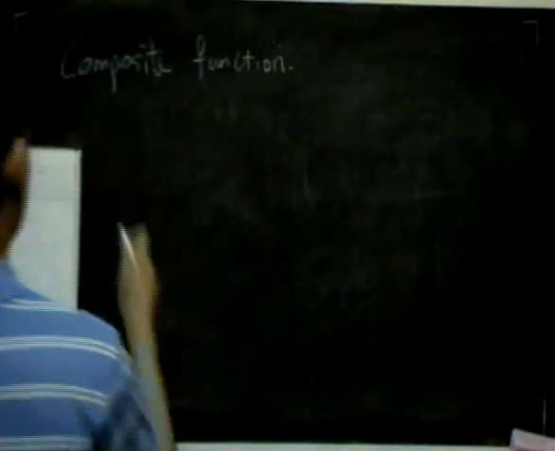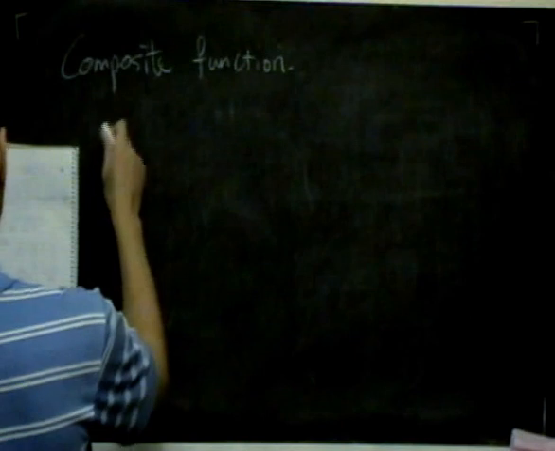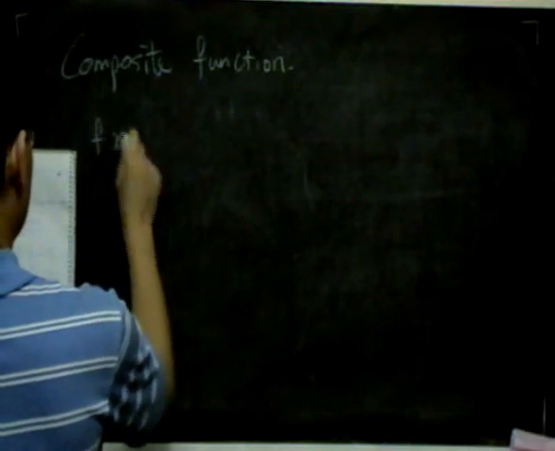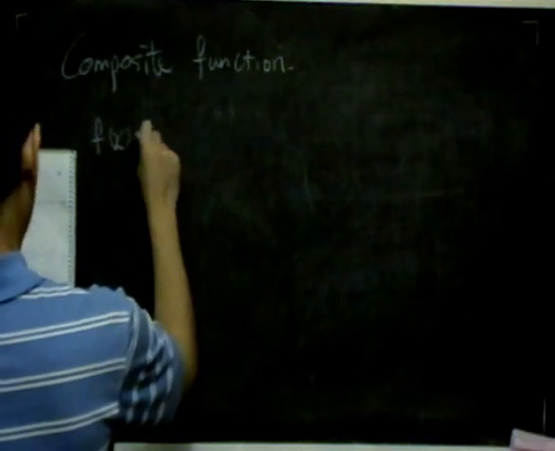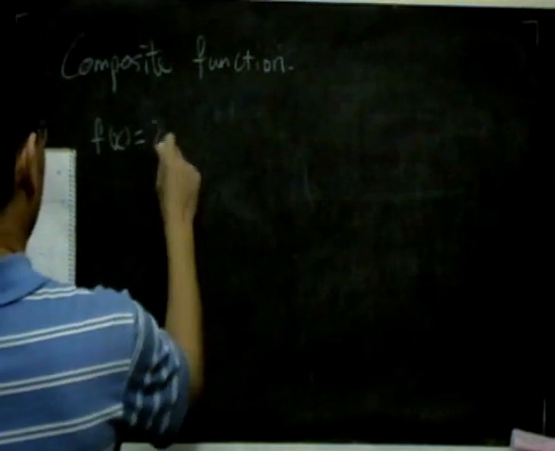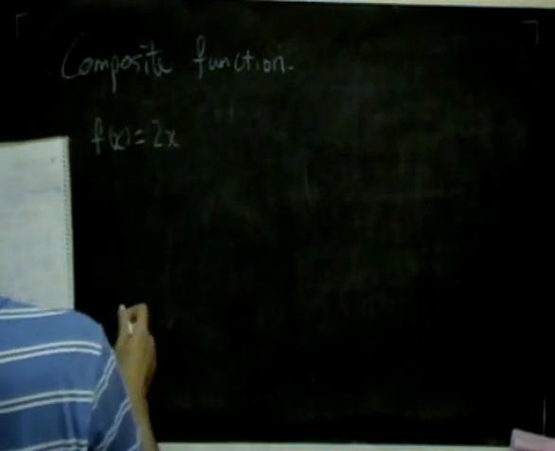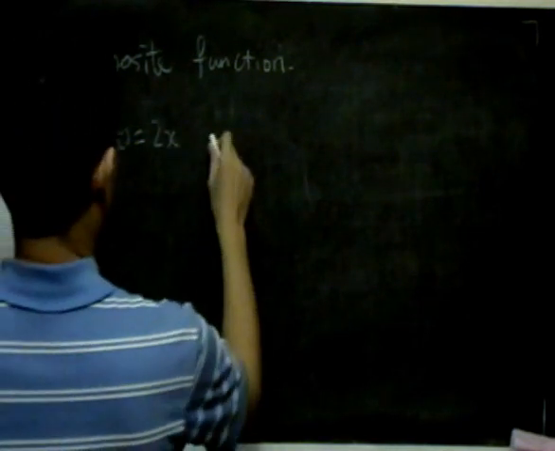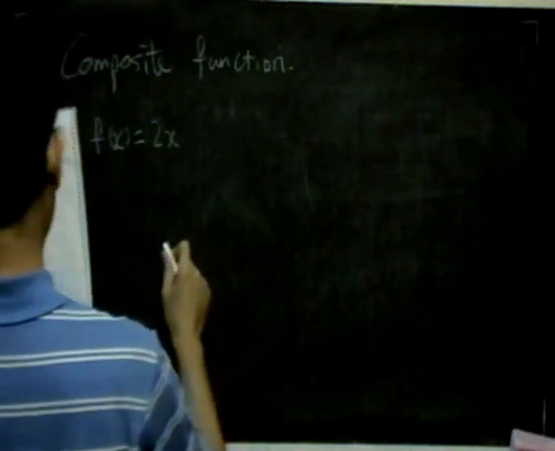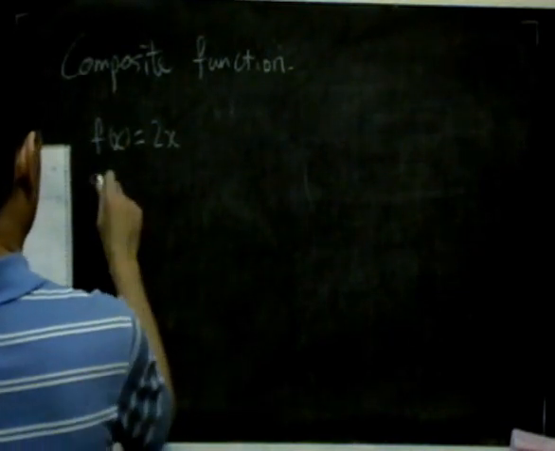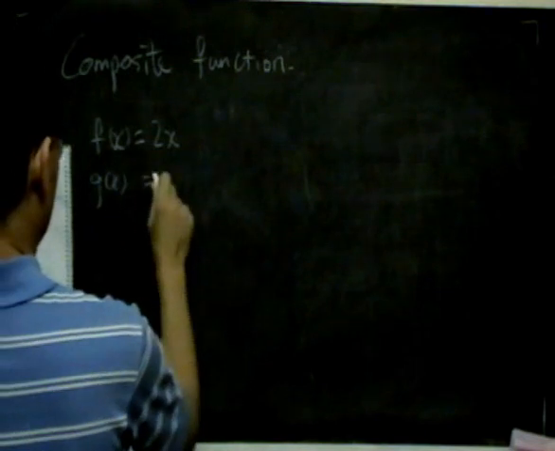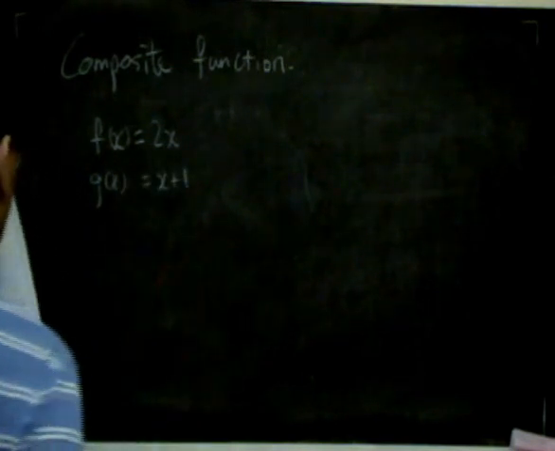Imagine that we have two functions. One is f(x), which is equal to 2x, and the other is g(x), which is equal to x plus 1.